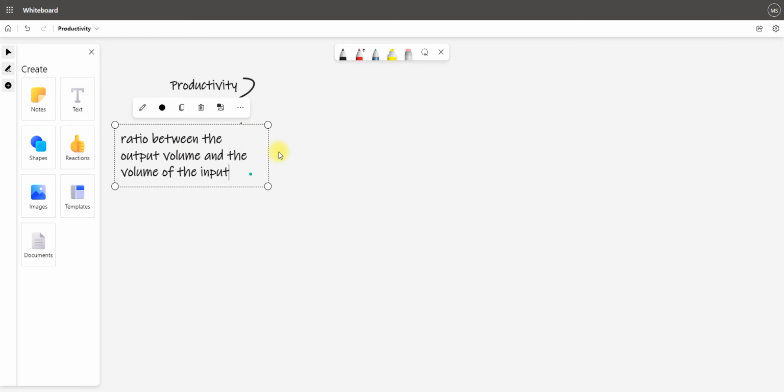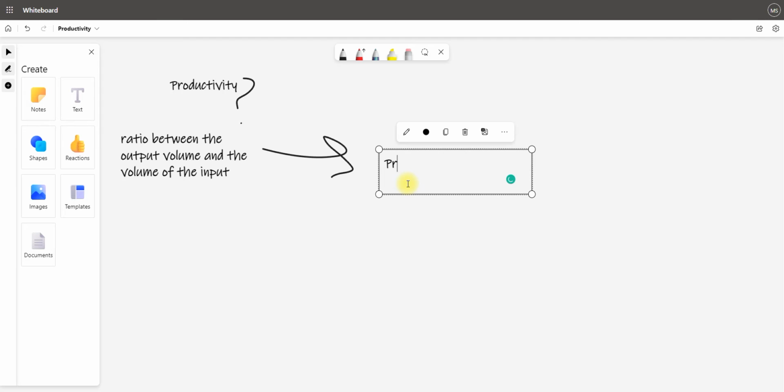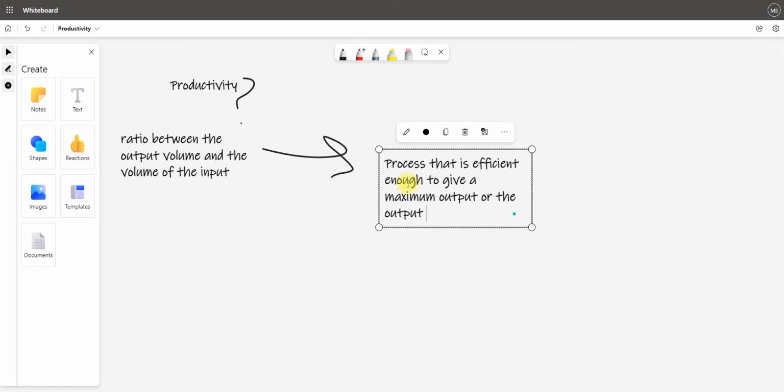So what does this mean? Basically, we have to have a process that is efficient enough to give a maximum output, or the output that we require, from our given input.